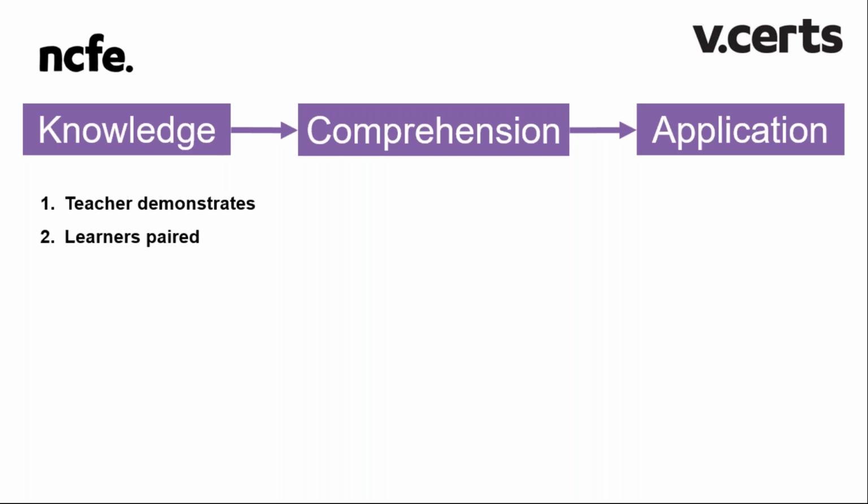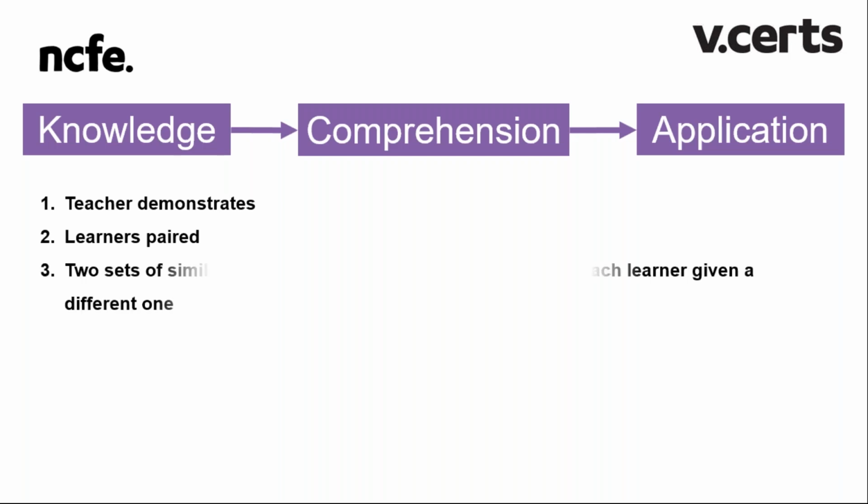Then you could pair up learners however you see fit, similar ability or opposite ability, those who are really strong and push themselves really hard, so fixed mindsets or growth mindsets, those who really want to try hard, those who are a bit reluctant and don't feel like they understand it, boy, girl, however you want, but pair up the learners.